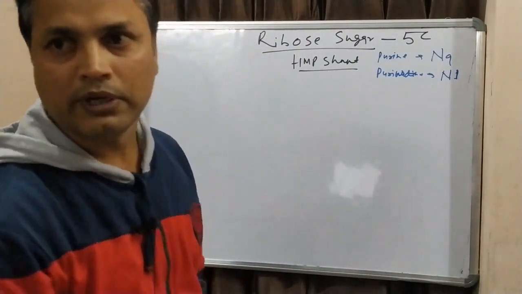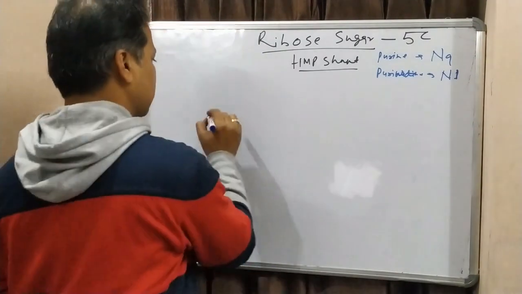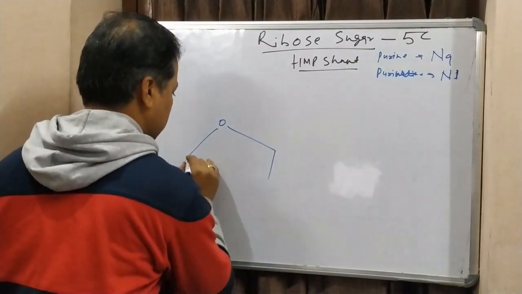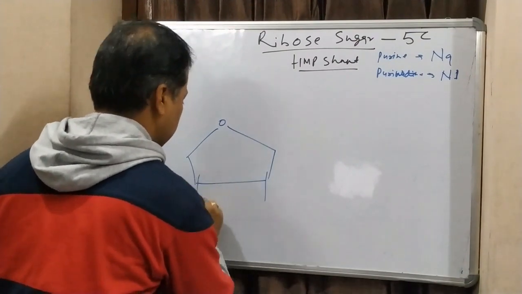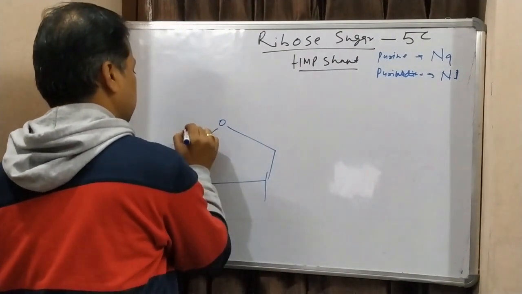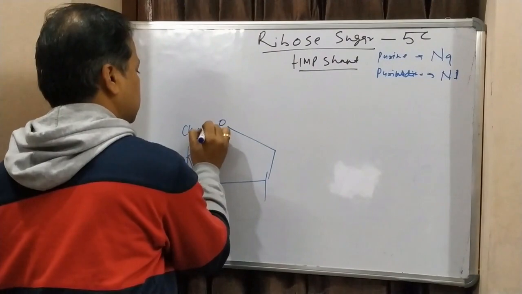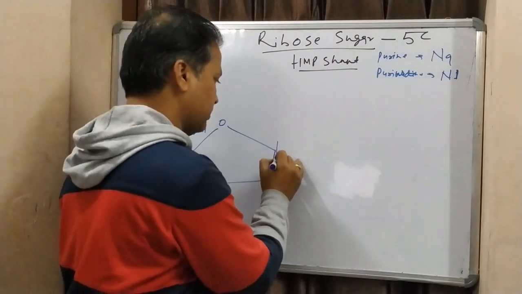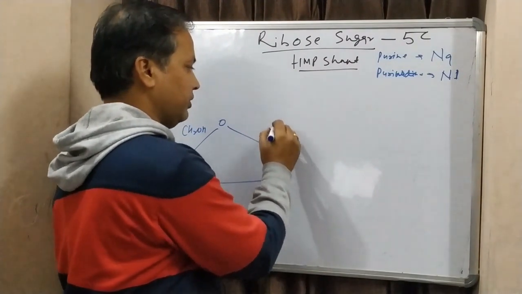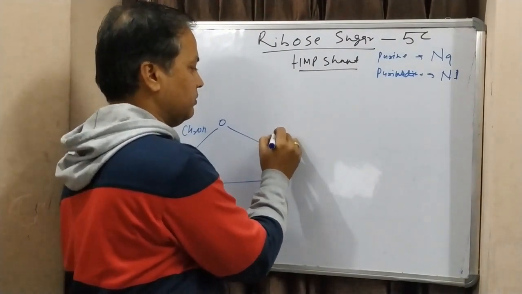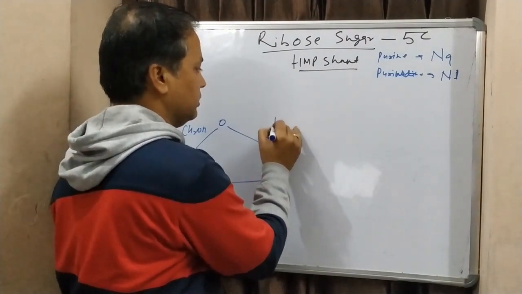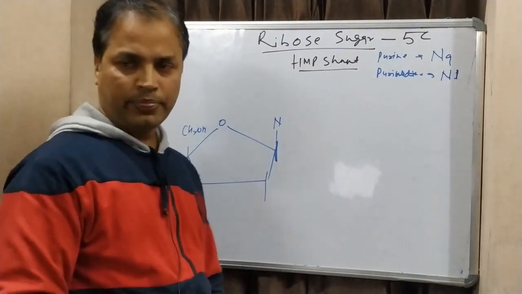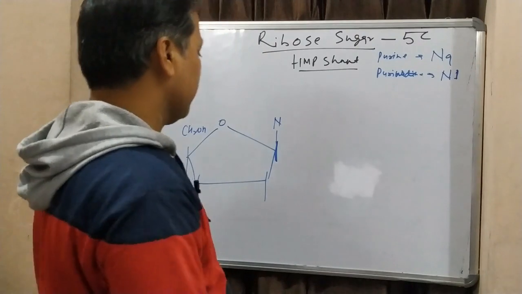Like I am going to write a structure like this: this is R, this is CH2OH, and this is carbon number 1, where I am going to form a bond with the nitrogen of any purine or pyrimidine.